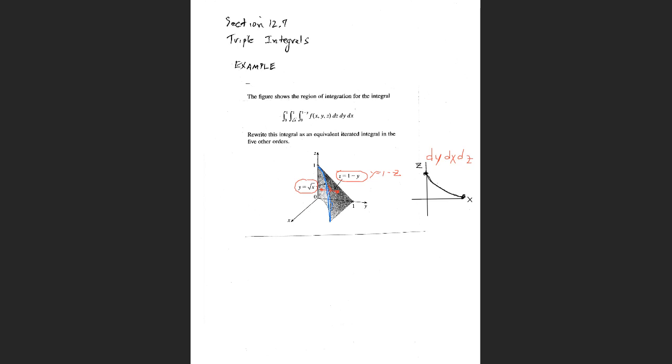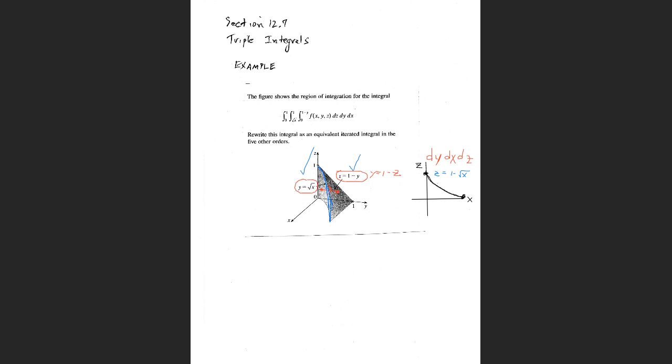So this rim has equation z equals 1 minus the square root of x. The reason is that along that rim, both y equals the square root of x and z equals 1 minus y have to be true.